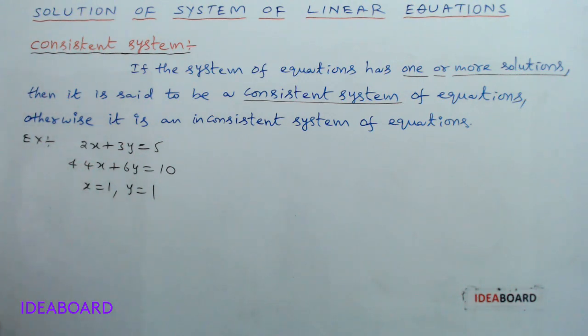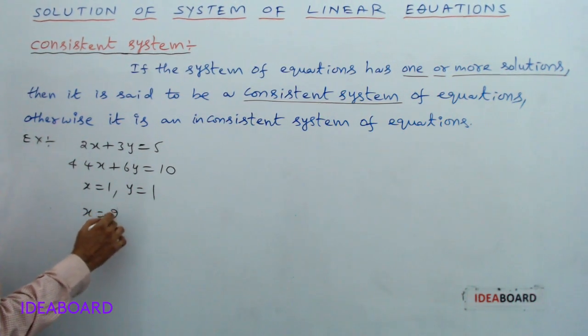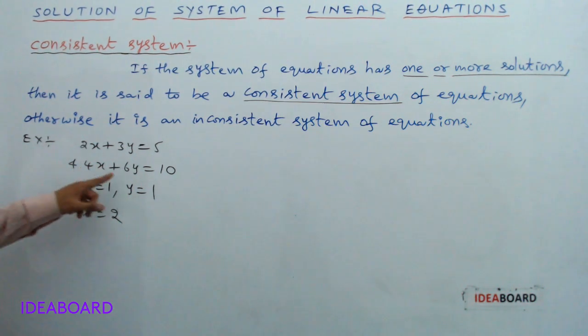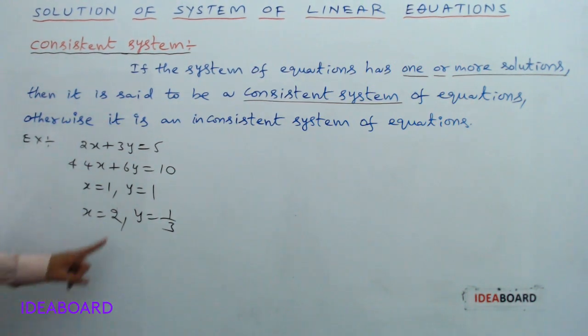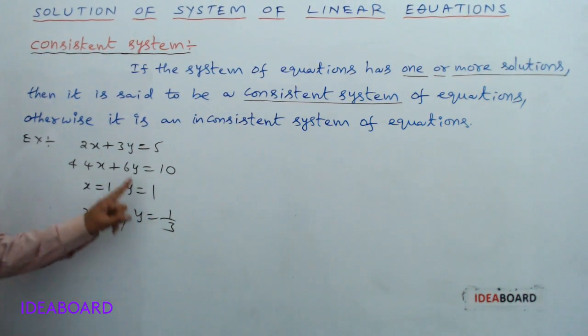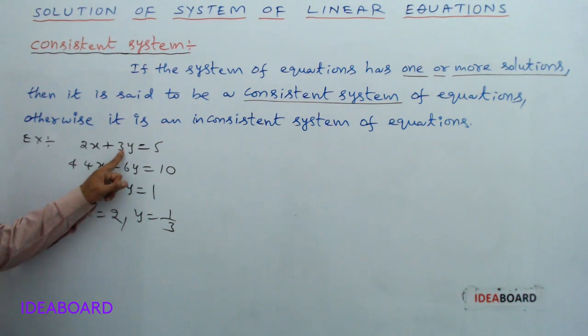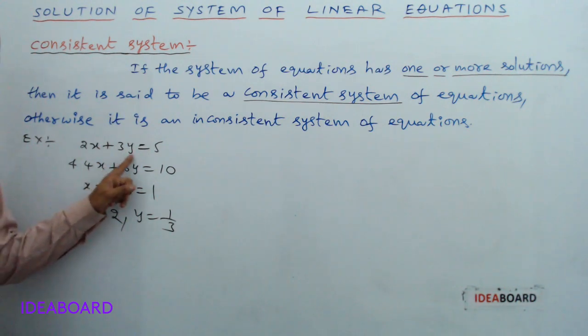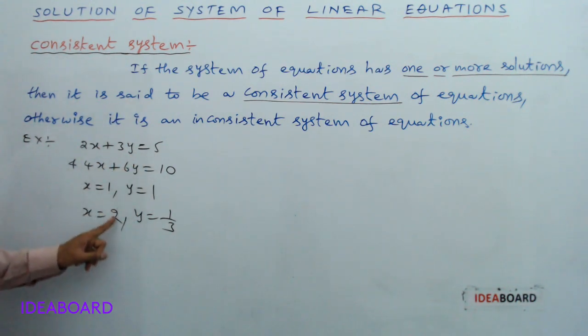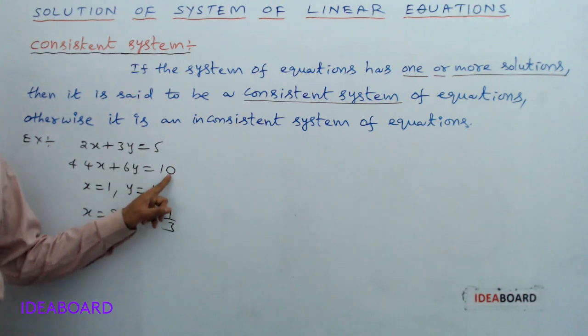Now, x equal to 1 by 2... Otherwise, take x equal to 2, y equal to 1 by 3. x equal to 2 and y equal to 1 by 3 satisfies this equation, and also this equation. 2 into 2 plus 3 into 1 by 3, that is 1. 4 plus 1 equal to 5. 4 into 2, 8. 8 plus 2 equal to 10.